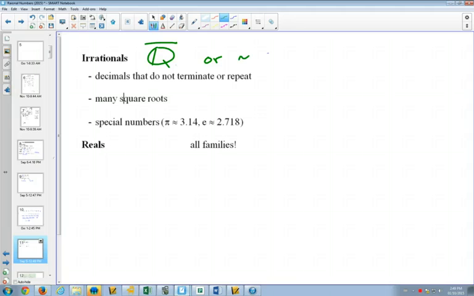Or sometimes you see it with a squiggle in front. The Q was wearing a hat. Sometimes you see the not with a little dash afterwards. It's waving his hand. But I like the one with the line over top. These are decimals that don't repeat themselves. Patterns that go on forever but don't repeat.